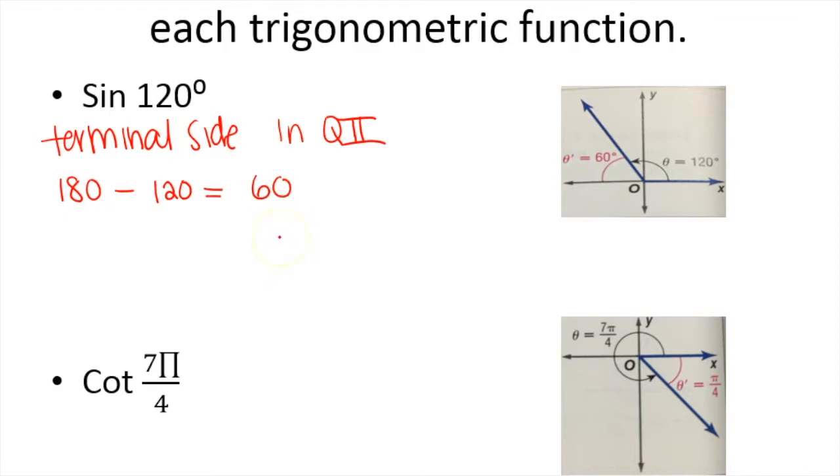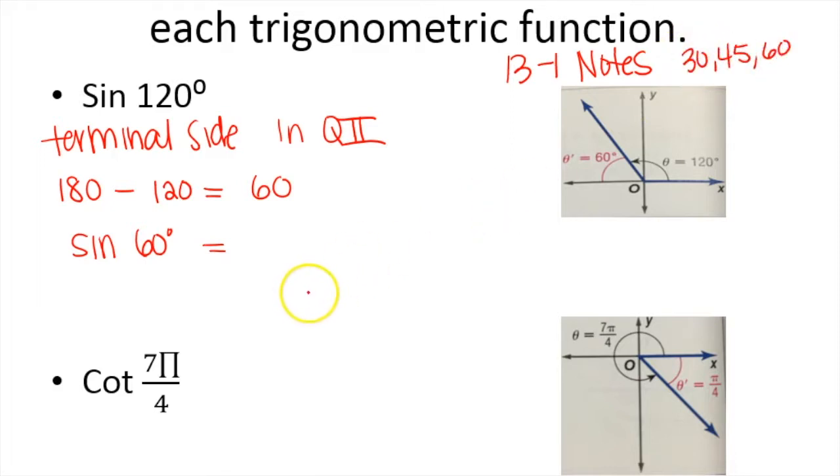So then I am going to find the sine of 60 degrees, which, if you refer back to your table of trig values from 13.1, or just your knowledge of special right triangles from geometry, you can get any of the measurements that we needed for 30, 45, or 60 if you don't remember those.